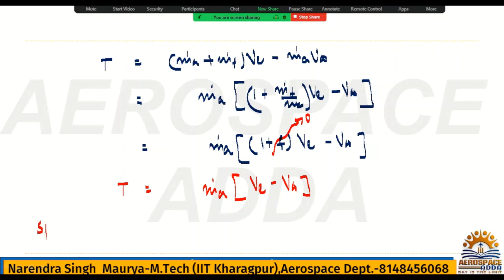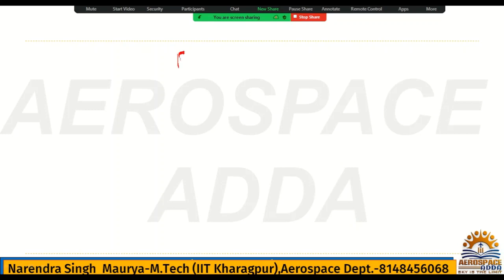What is the specific thrust now? Specific thrust is nothing but Fs, thrust divided by mass flow rate of air, which is nothing but VE minus V infinity. Yes. So Fs is thrust divided by mass flow rate of air. This formula I had given directly when I explained RAMJET.